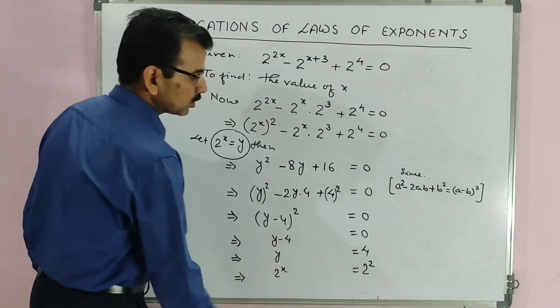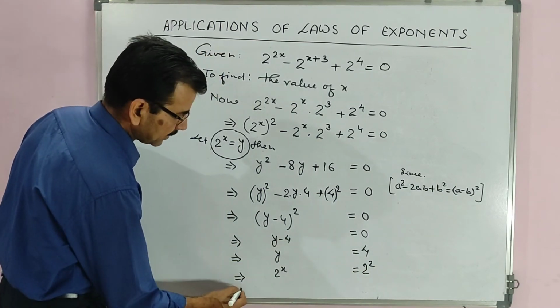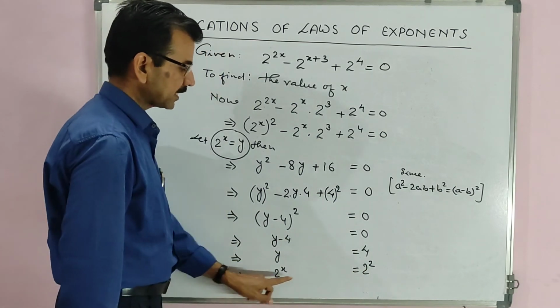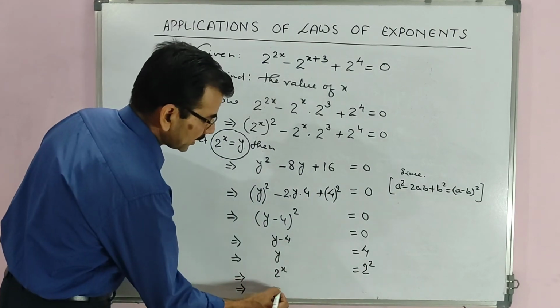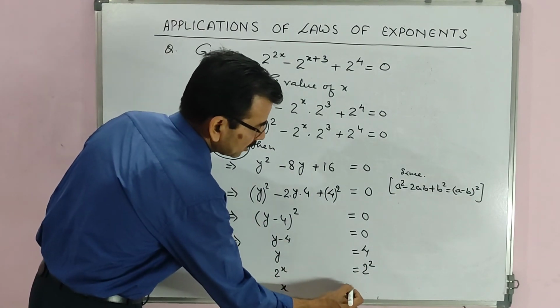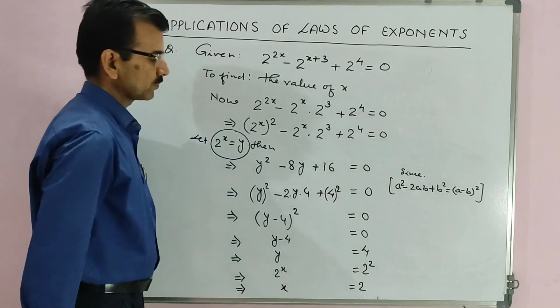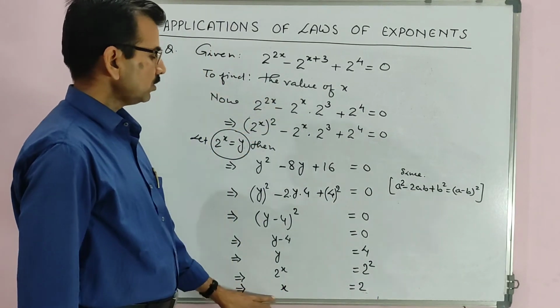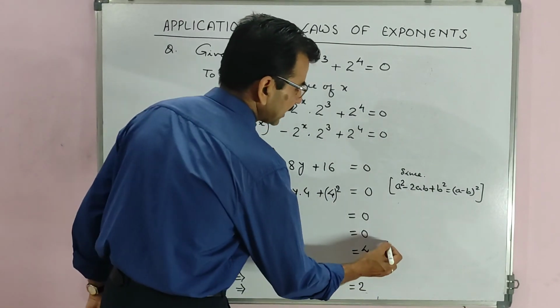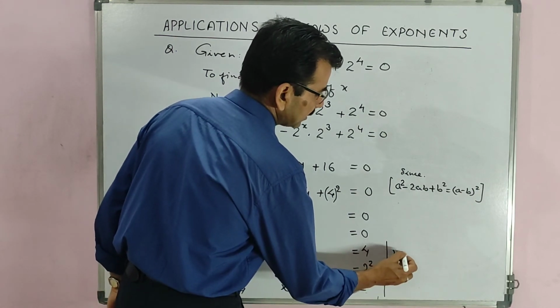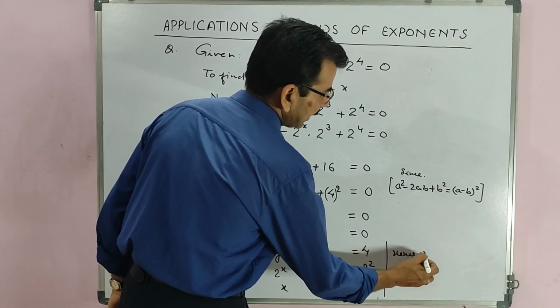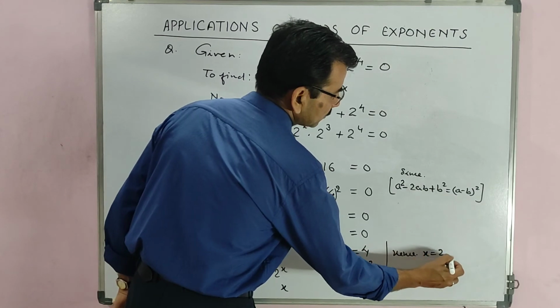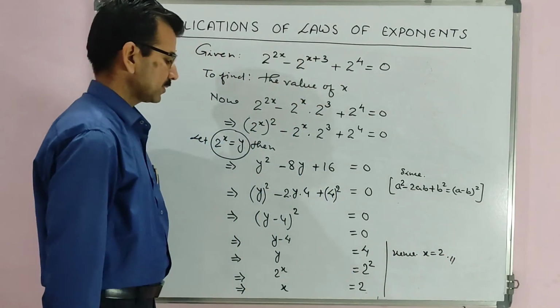The 2 and 2 bases we can cancel from both sides, since the same bases are there. So what is the value? x is equal to 2. Hence x is equal to 2, and we complete our solution.